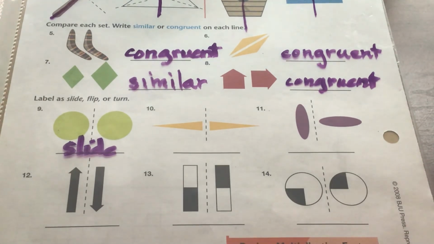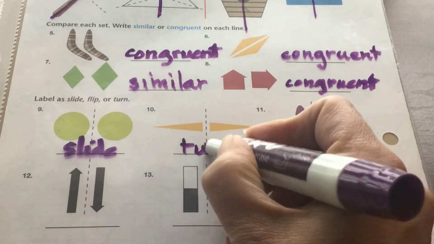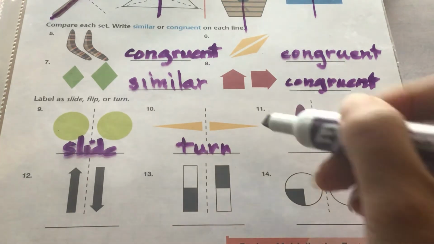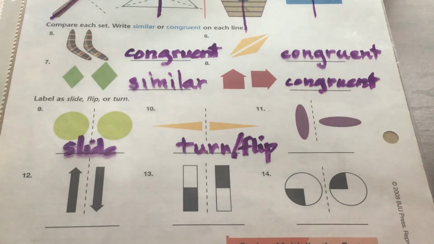Actually, I could see where you might say it was a flip because it looks like you flipped it, but they didn't give us a dot to discern whether we're looking at the front or the back. So if you had flip, I actually would give you credit for this. If it had been a flip, they would have had to indicate for us with a dot or something. But again, I would accept both answers as correct.